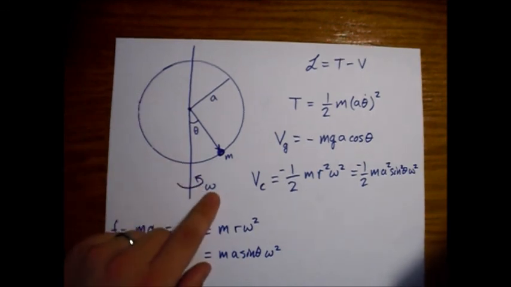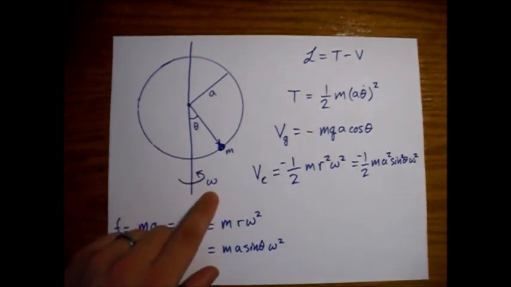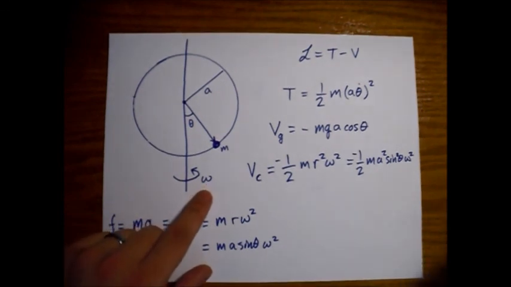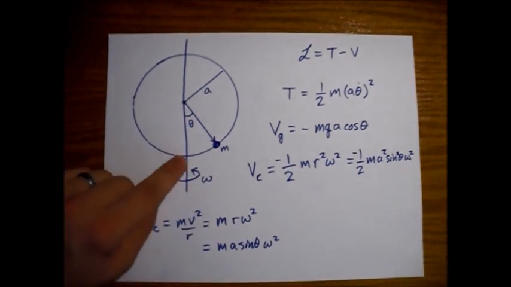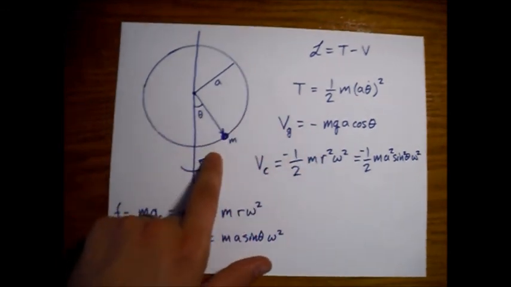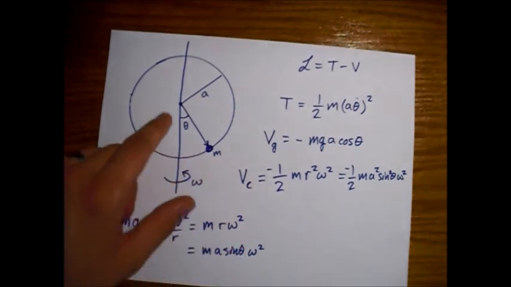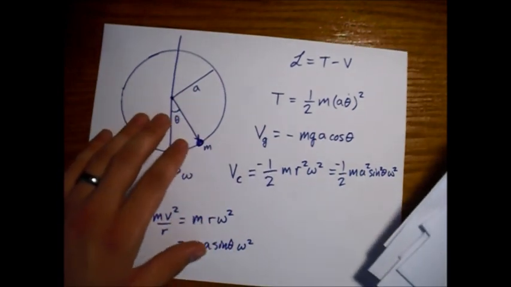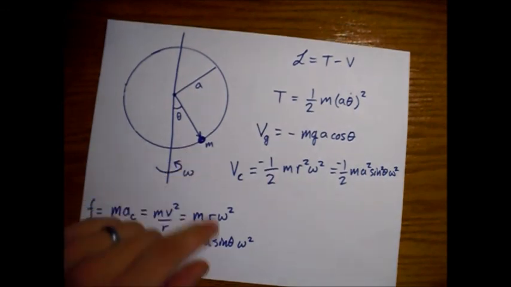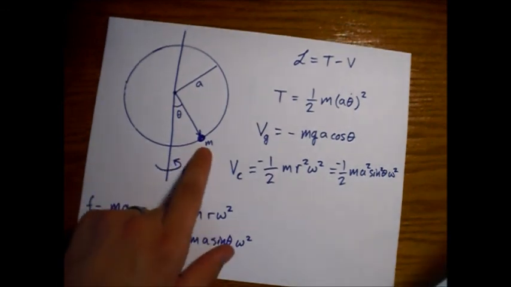If this frequency becomes larger than that critical frequency, which is square root of g over a, then this equilibrium position becomes unstable, and another equilibrium position appears at this special angle, which was that inverse cosine thing. All right, and that one is stable.